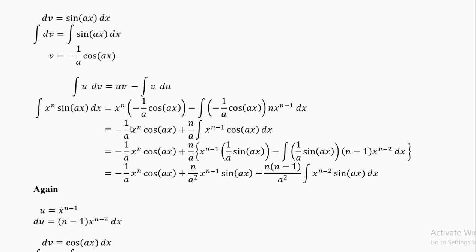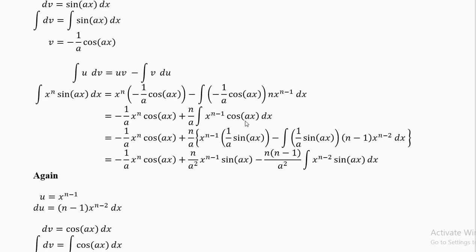You will get minus 1 by a x power n cos ax plus n by a times the integral of x power n minus 1 cos ax. Now we have to do it one more time. This time we will put u equal to x power n minus 1 and dv equal to cos ax, and integrate again by parts one more time.